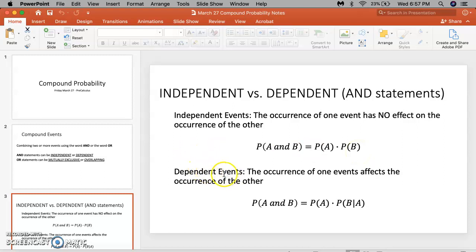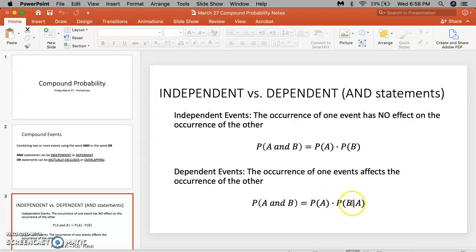Dependent events: the occurrence of one event affects the occurrence of the other. So if A happens, it will affect B. You're still going to multiply, but you're going to multiply the probability of A times the probability that B happens given that A has happened. So you're finding the probability of B assuming that A has already happened.